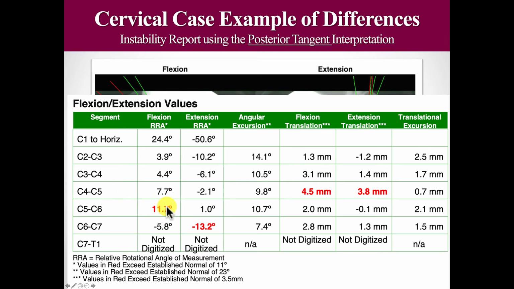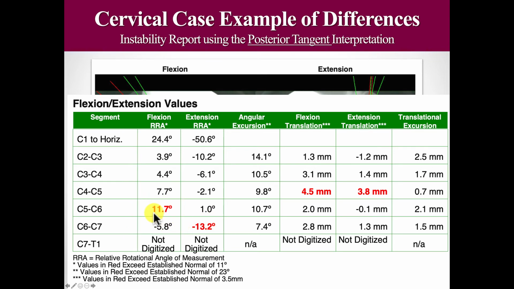Also, we measure C5-6 at one angle, more than 11 degrees, and more than 11 degrees here at one angle. Okay, so know that the angles are going to be slightly different in this versus the end plate method because we're measuring different parts of the vertebra. And differently, we're going to come up with different thresholds because in the end plate method, you'll see how it compares, it's comparing the joint above to the joint below.